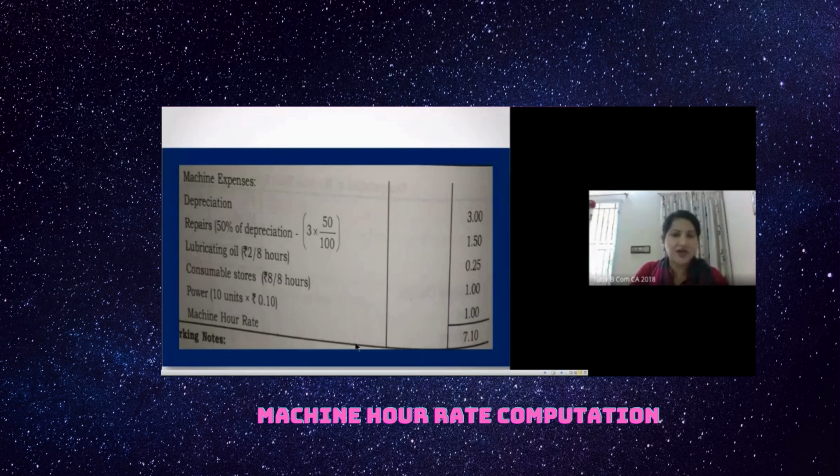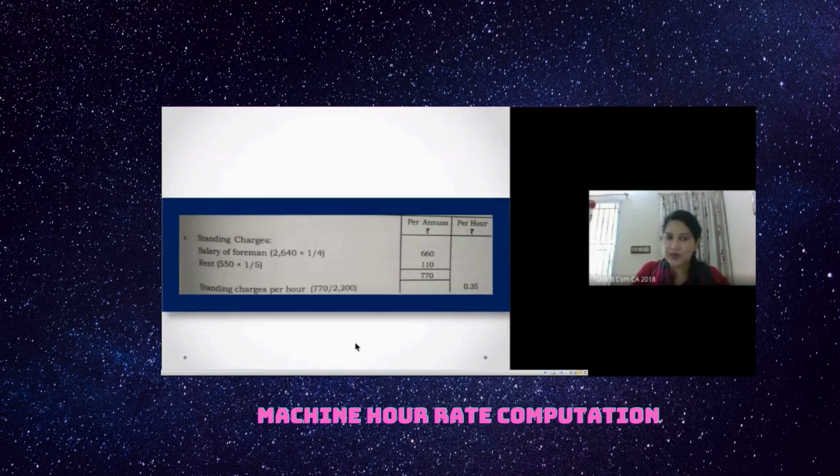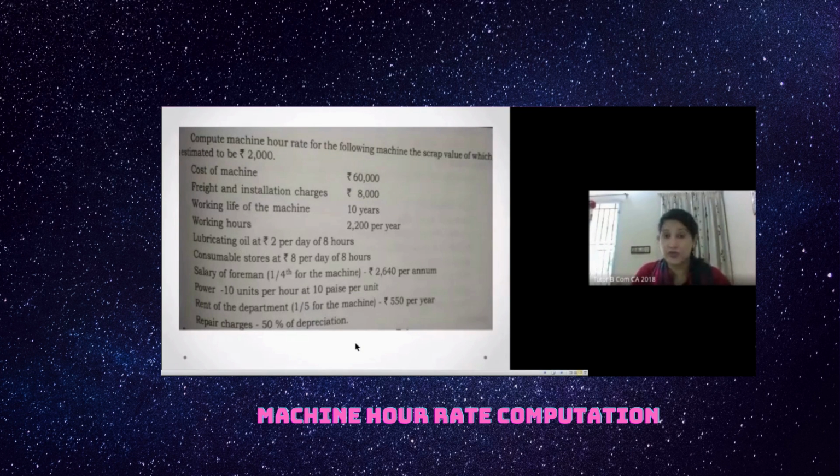Now, depreciation, we had been doing this from the beginning, right? How do we go with the depreciation? There are two ways. Sometimes in the question, they will give directly what the depreciation expense is for this particular machine. But in this question, they have not given us. But by looking at the details given here, we can understand that the machine depreciation needs to be computed from the data given, because the cost of machine is given, the installation charges are given, and the life of the machine is also given.